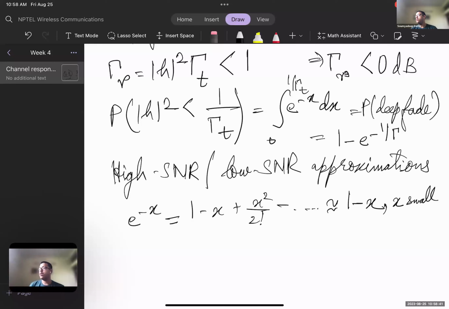So you need to use this kind of approximation. And so for high SNR, if gamma is high, it means that this 1 by gamma is low, right? So that means this will come in the small x approximation, and you can use a linear approximation and derive the final answer. So that kind of idea, very basic, elementary algebra.